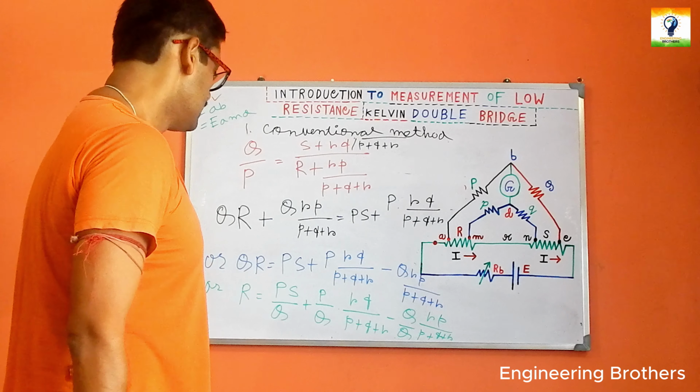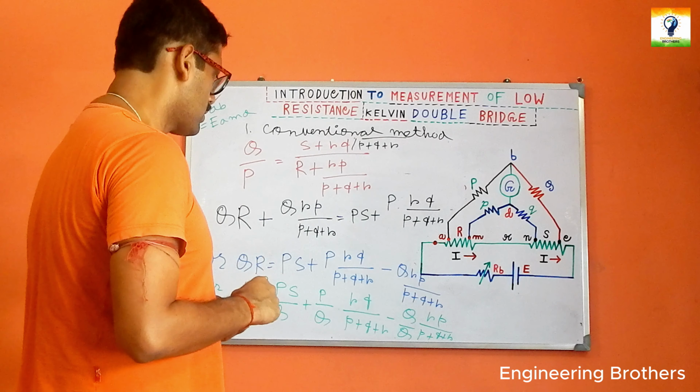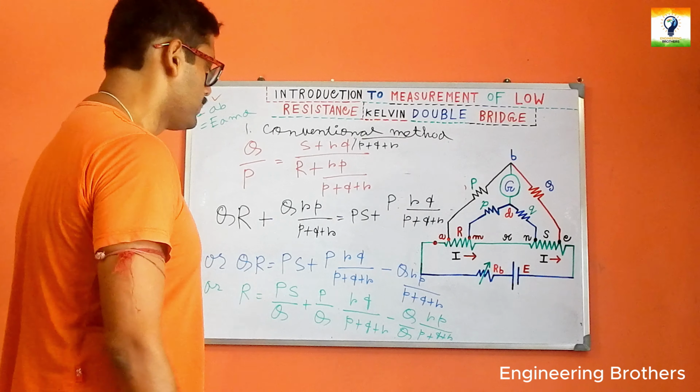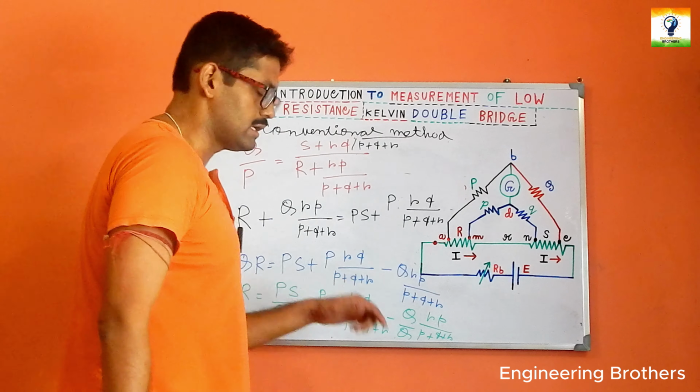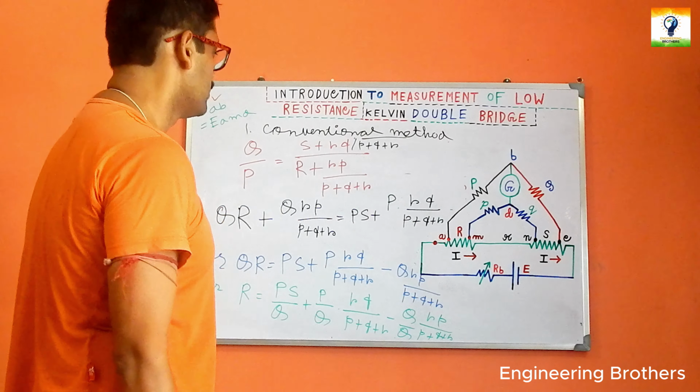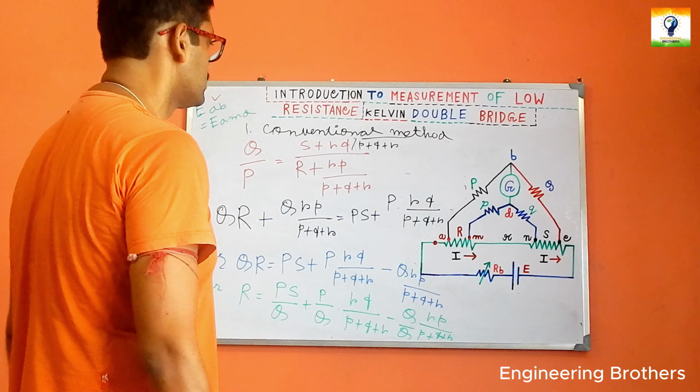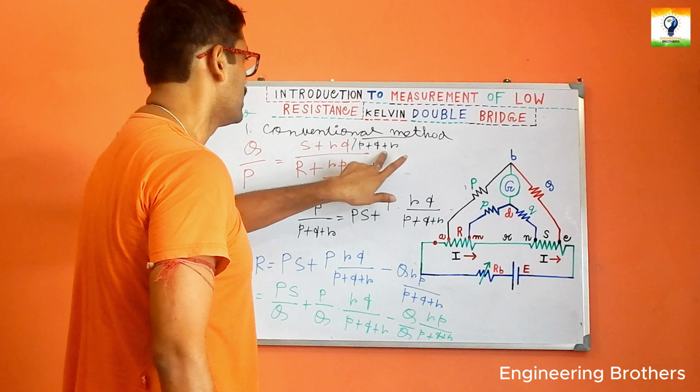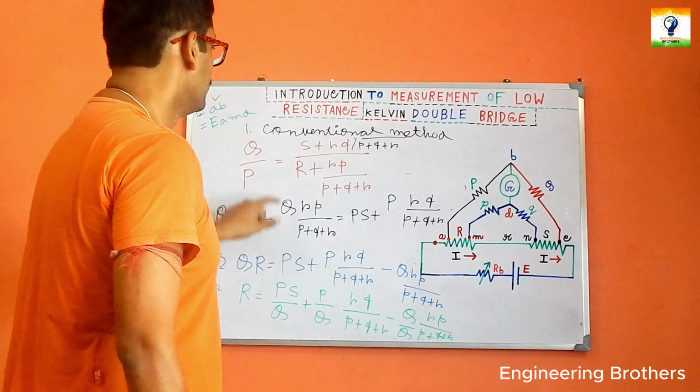If you take the common factor RQ divided by P plus Q plus R, you will get our previous analogy. So what is the first statement? I want to repeat it. Once again, we have forgotten the lower part of our analogy, which is AS.